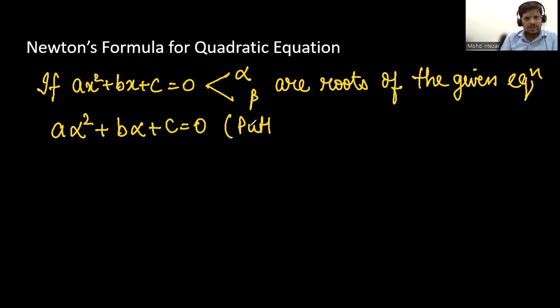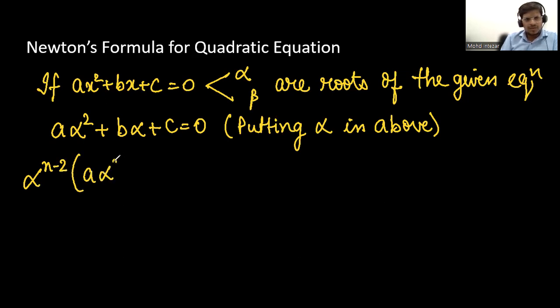Putting alpha in the above equation, we get a alpha square plus b alpha plus c equals 0. Now if we multiply this equation on both sides by alpha to the power n minus 2, we get alpha to the power n minus 2 into a alpha square plus b alpha plus c equals 0.